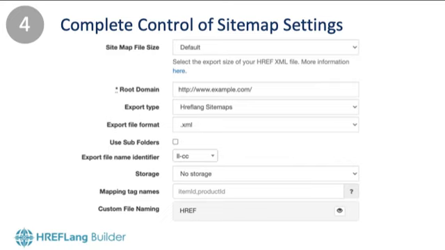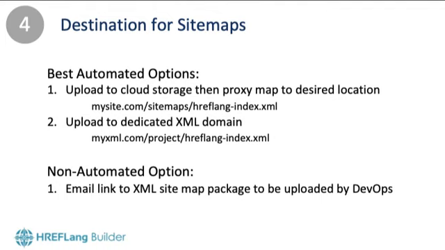You can have custom naming down to the individual XML level as well as the index level. And the last step is, once we've produced that, we need a way to get it to you. So if you don't have storage set up now, then we can send it to you as a zip file and as a link. You can download it, unzip it, and get the developers to do it.